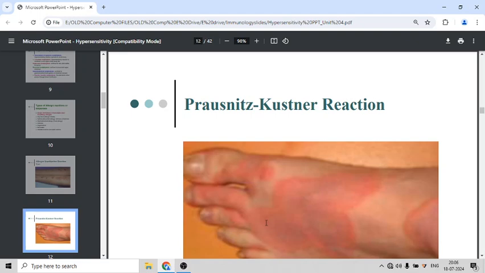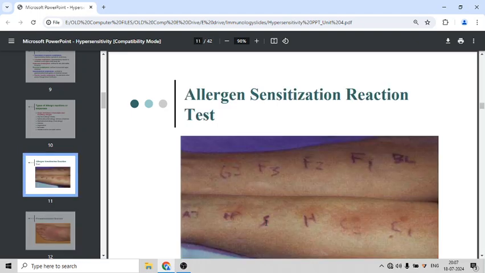The serum of the person sensitive to the fish antigens was taken and injected by the intravenous route into another person who was not allergic to fish antigens. After 48 hours, that person was given the extract of the fish antigen as an intradermal injection, as shown in this diagram.